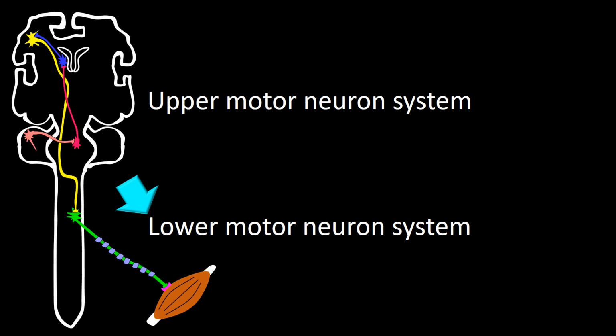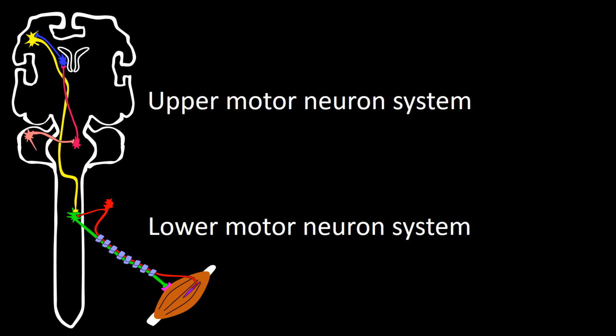We will now address the lower motor neuron system. This system includes the intrafusal fibers or muscle spindle fibers, the sensory nerve, the sensory neuronal body in the dorsal root ganglia, and the central axon of this neuron that makes contact with the lower motor neuron as indicated in this frame.